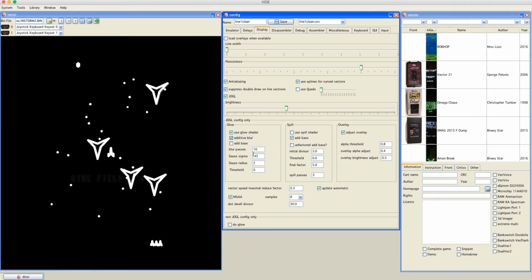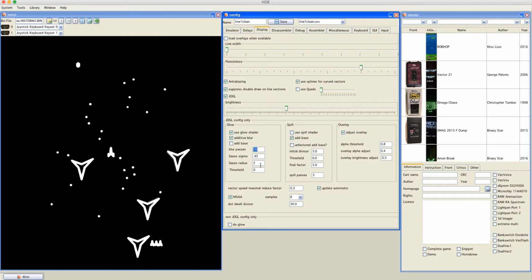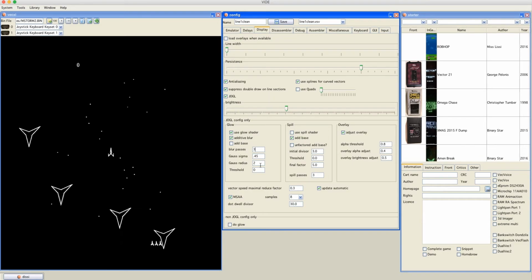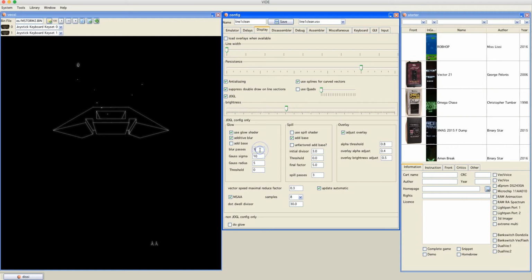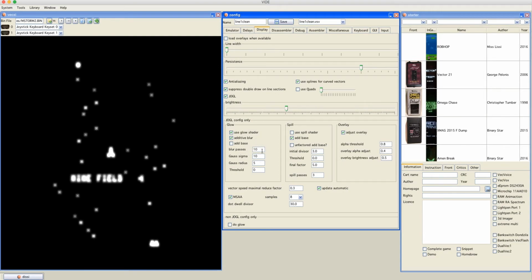This is the difference. Here you usually do less passes, but take a high sigma value, and here you can take a bigger radius, and at some point there actually is some blur that one can use.